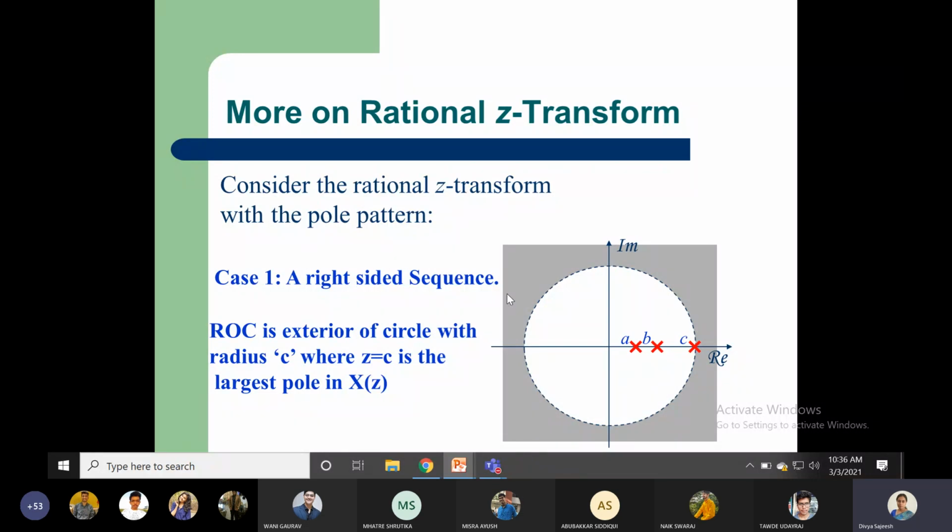Then only X of z will converge, or exist. Otherwise, X of z will not converge. So you can see in the diagram the shaded area, which is the exterior of the circle with radius C, or exterior of the pole C.